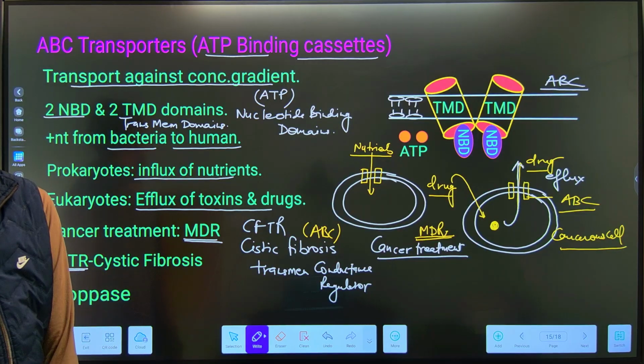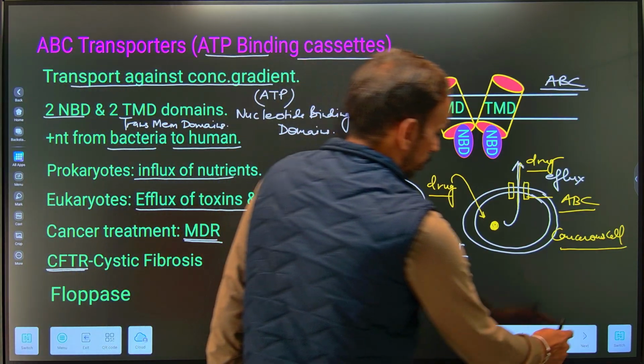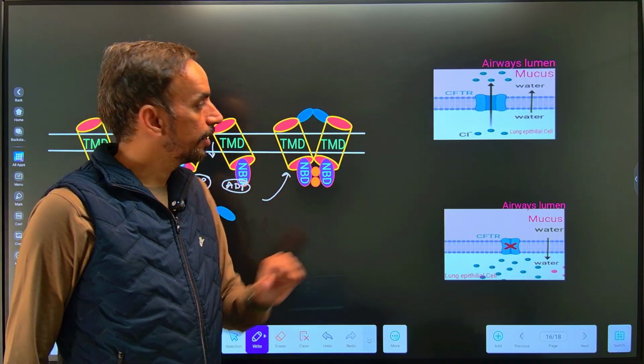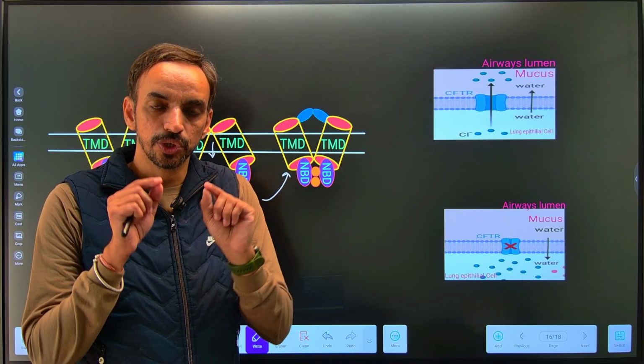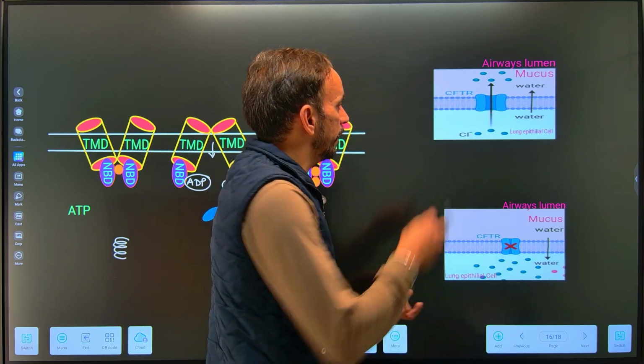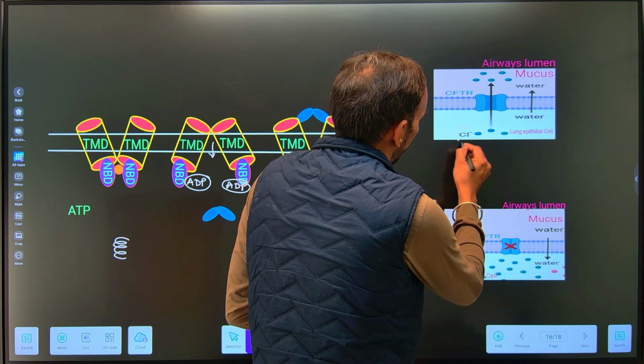Okay, and these CFTR also belong to the category of ABC transporters. They generally remain present on the lung membrane. Let's try to understand their function. CFTR generally remain present on the lung membrane and they are the transporters of chlorine.